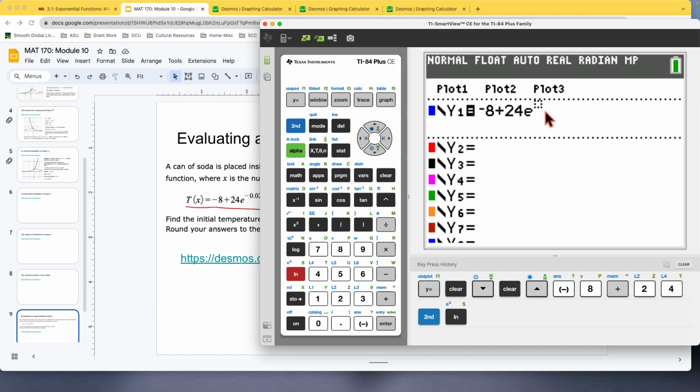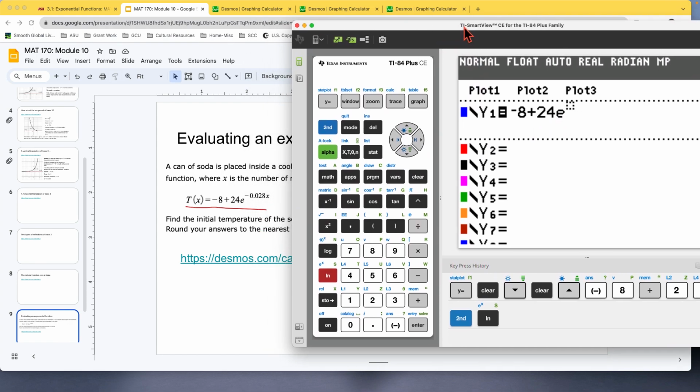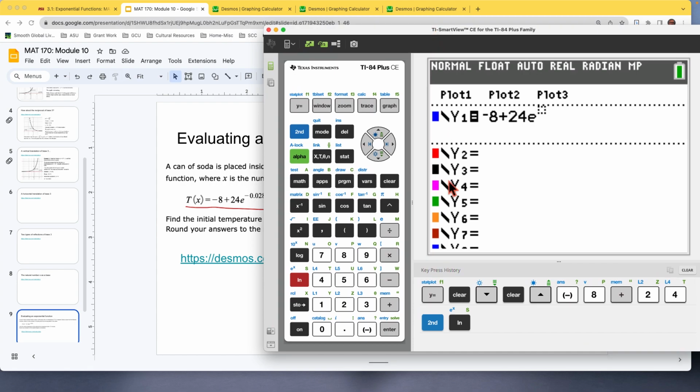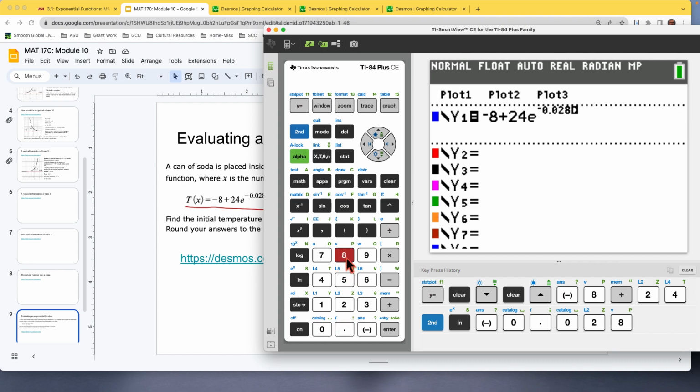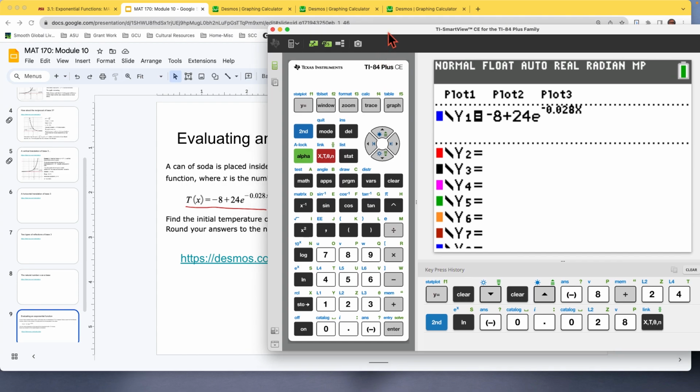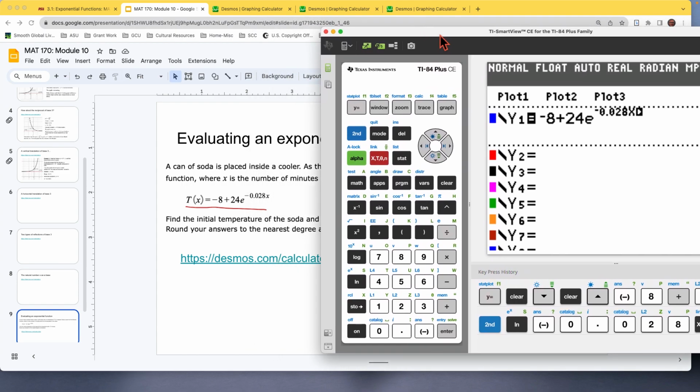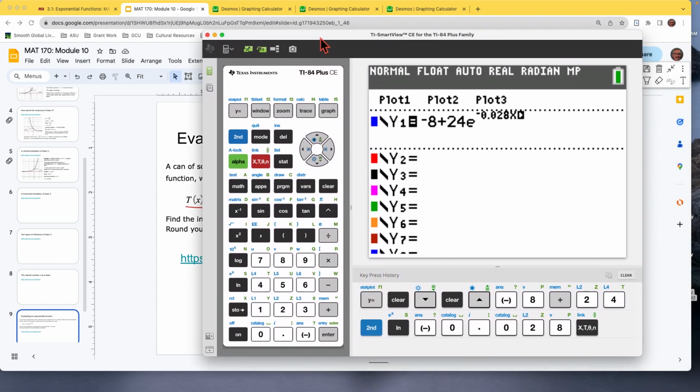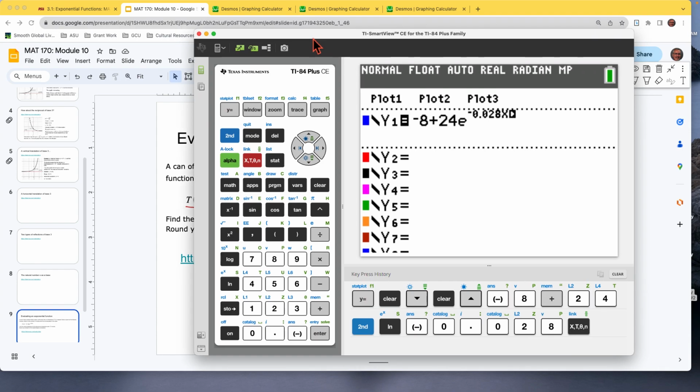It's waiting for us to put in that exponent, and what we want for that exponent is negative 0.028 and then x, the variable. The calculator uses x here. Then to evaluate it at 15, we can go to the table.